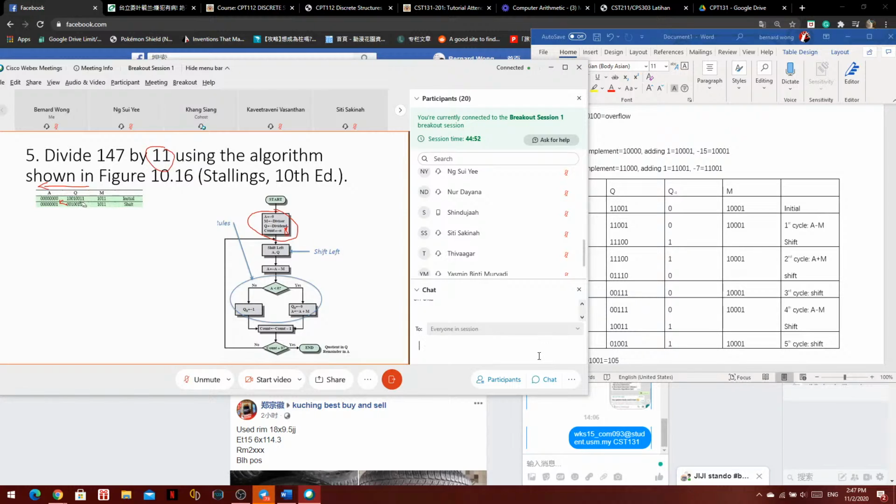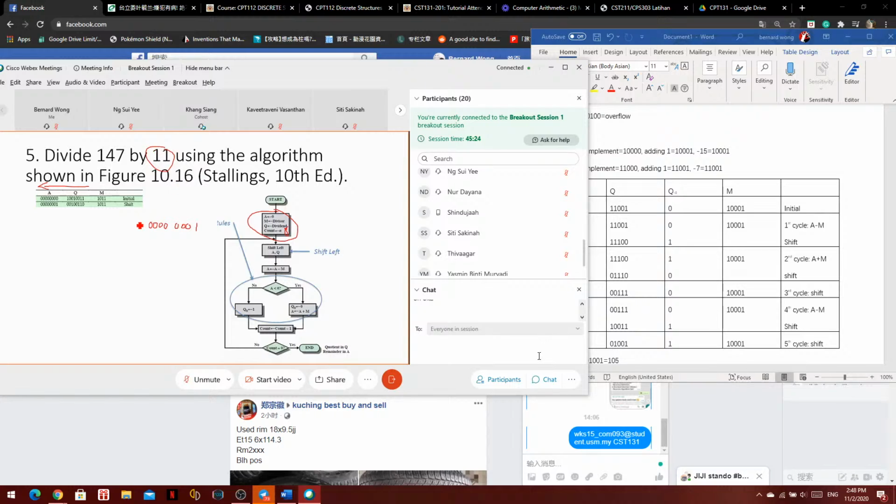After your shifting, the first thing you need to do is A minus M. What's your A? Your A is 0, 0, 0, 0, 0, 0, 0, 1. And then minus M. M is this one, 1, 1, 1, 1, 1, 0, 1, 1.